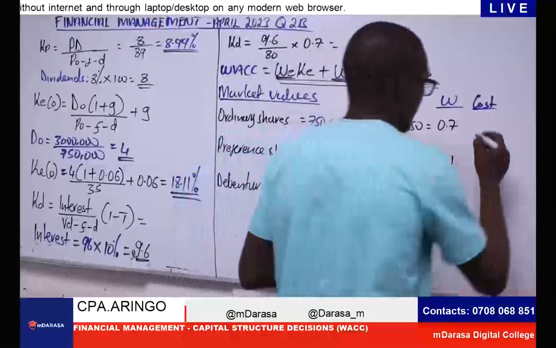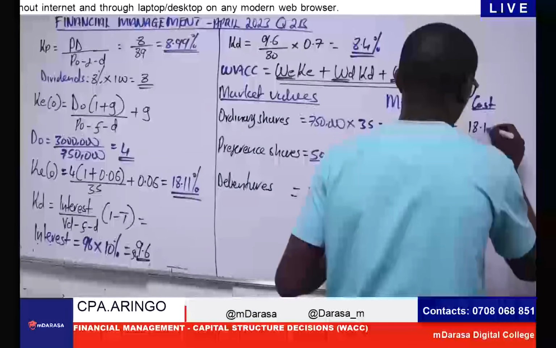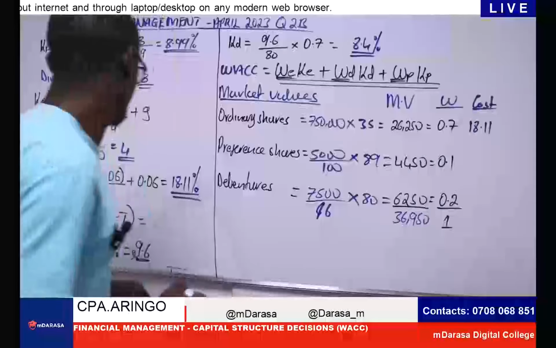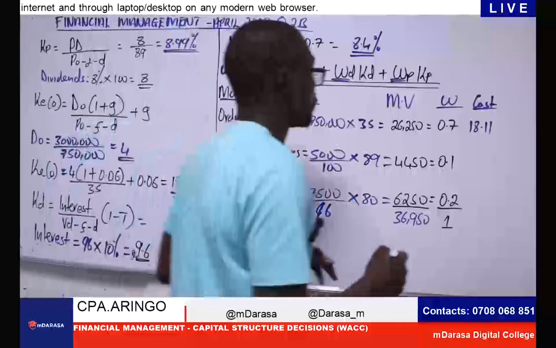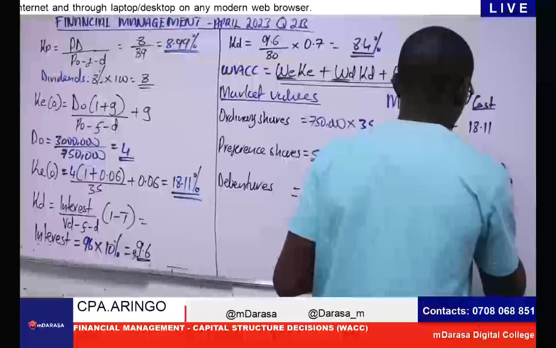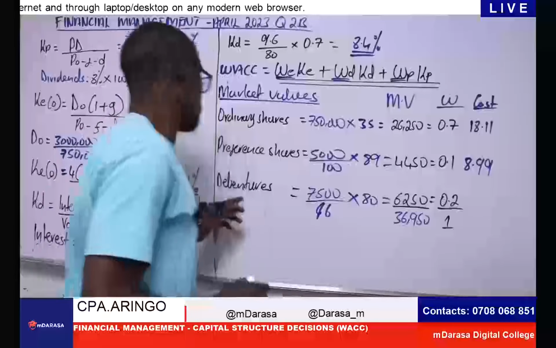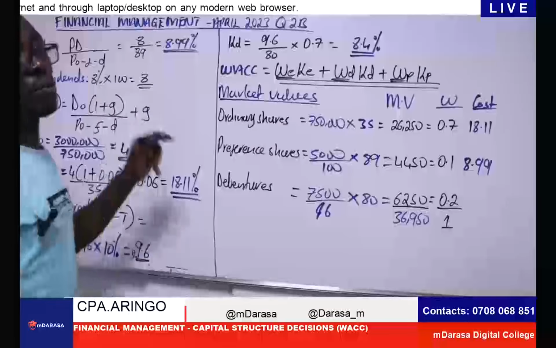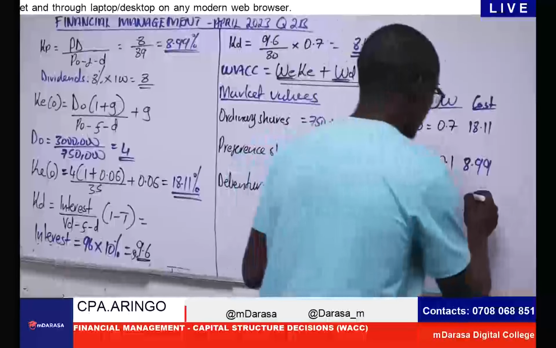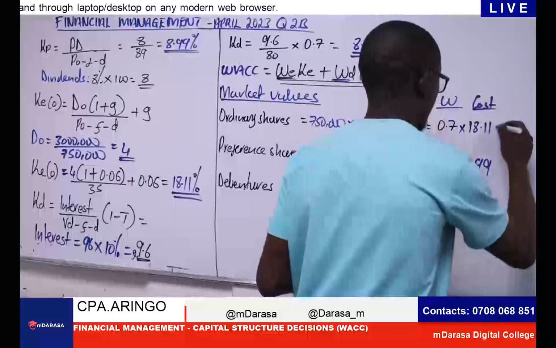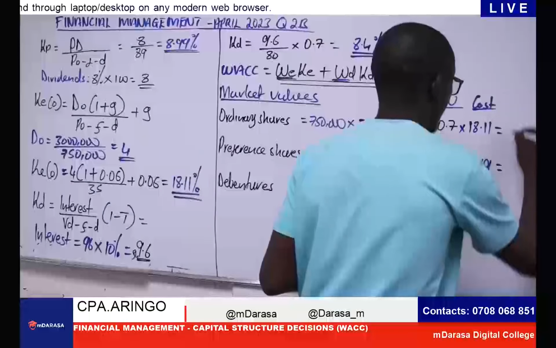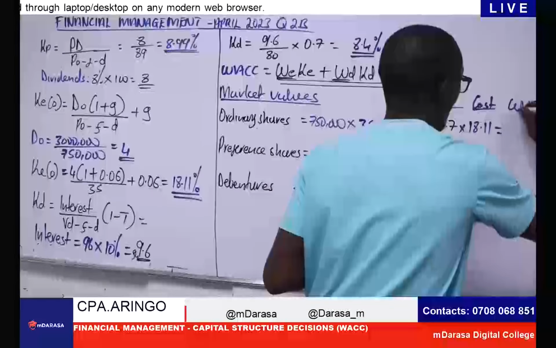So I'm going to take 18.11, whatever you had computed. Cost of preference shares, we had 8.99. And cost of debentures or debt, we had 8.4. So this one we multiply. So that at the end of the day, our WACC, what will we be having?